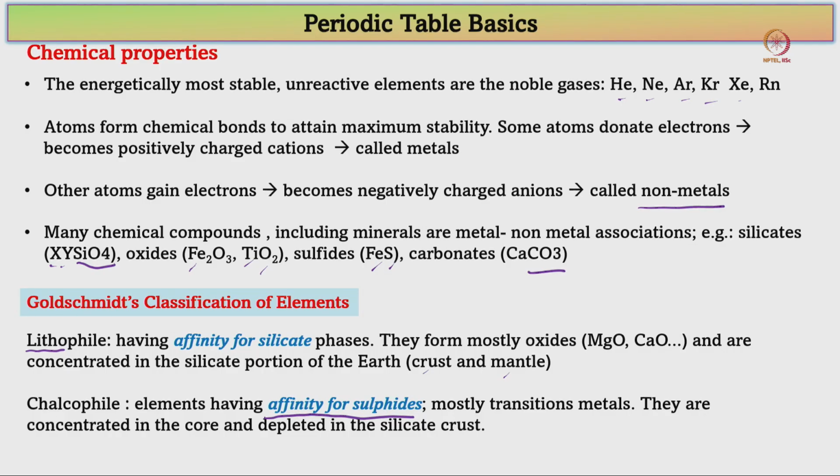So, sulphide compounds and the transition metals are most likely to have this affinity for sulphides, and they are concentrated therefore in the core and depleted in the crust. So, more of iron, more of copper, more of all the sulphide loving elements will get concentrated in the core, and we do not have their availability as high as in the silicate crust.